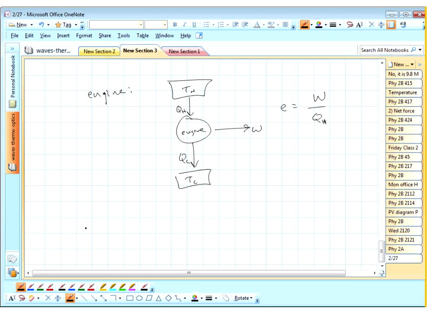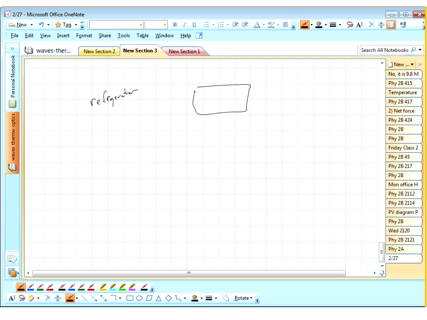If we're looking at a refrigerator, then what's the refrigerator doing?